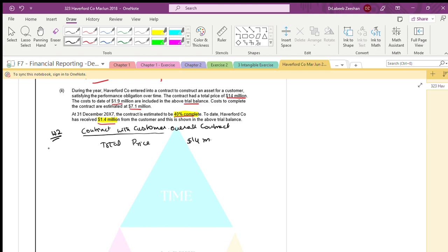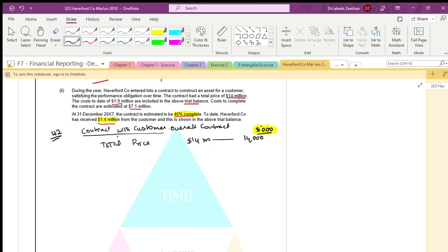We can take it in thousands only. You can put it like this, 14 in thousands. Is it in thousands? Now, the total price is how much?